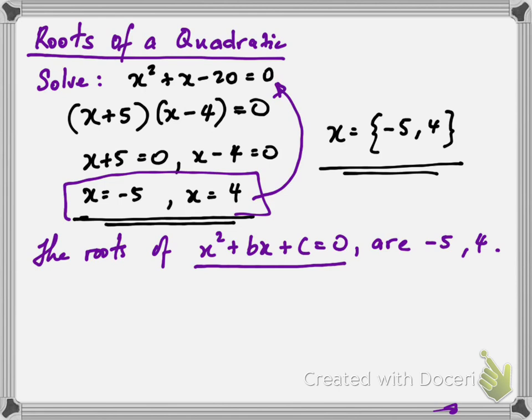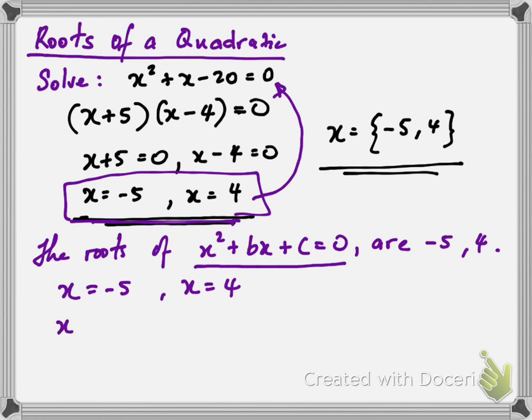For example, rewrite the roots in terms of what x is equal to, for example, x equals negative 5 and x equals 4. Take the next step back, which is put the negative 5 to the left.